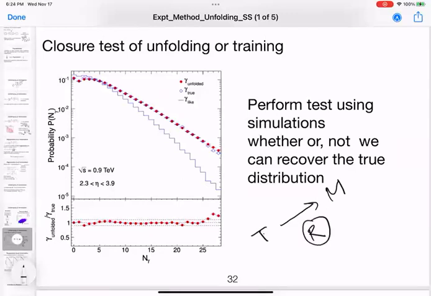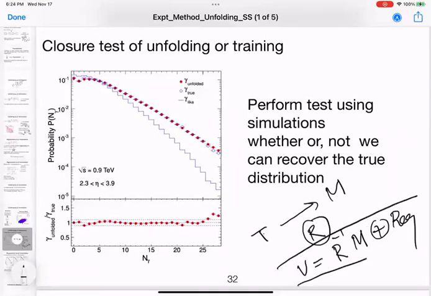What you do then is apply the inverse of the response matrix on your measured distribution, and then apply some regularization term, and then you try to get your unfolded distribution. If you do this properly, your unfolded distribution and the true distribution should be the same. So this is what is shown here, right?